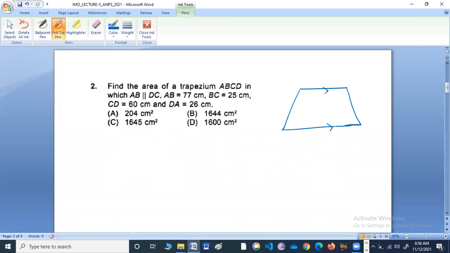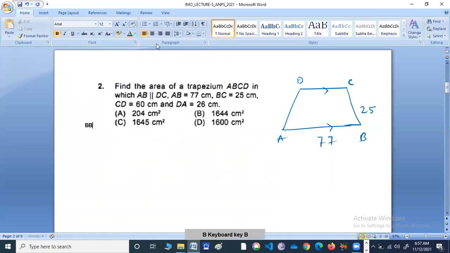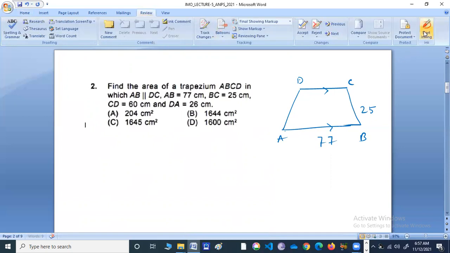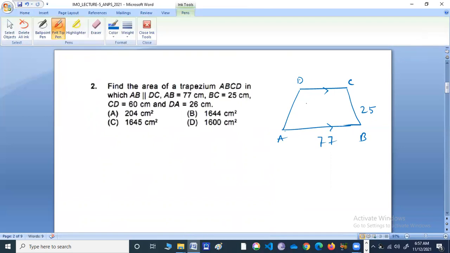So these are parallel sides and these are non-parallel sides. Okay. So ABCD. Suppose AB is 77. ABCD, AB given 77, BC given 25, CD given 60, DA given 26.